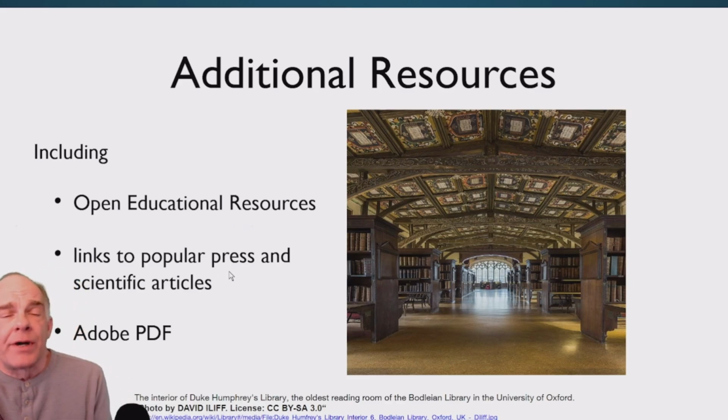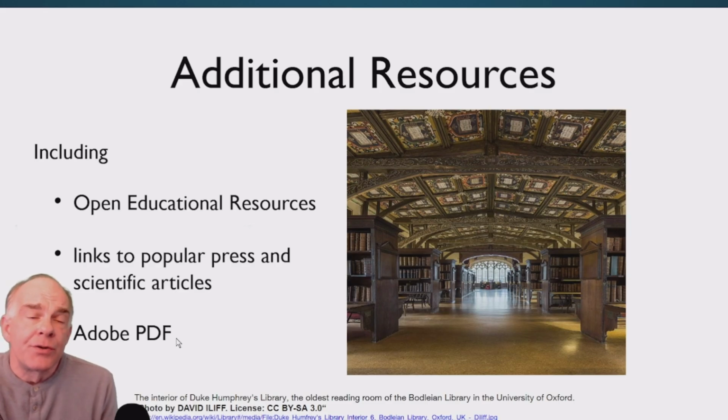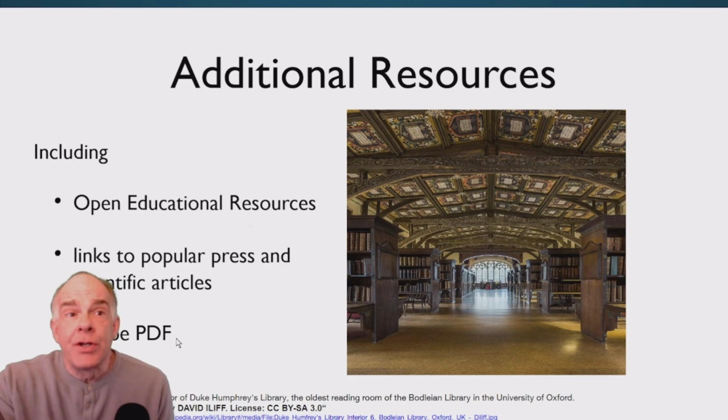After that, we'll have links to popular press and scientific articles that will be provided to you both in the announcement as well as the links on Canvas. And then occasionally an Adobe PDF file that you can download and open on your computer. So again, not additional things that you need to purchase, but there will be additional readings as we go through the course.